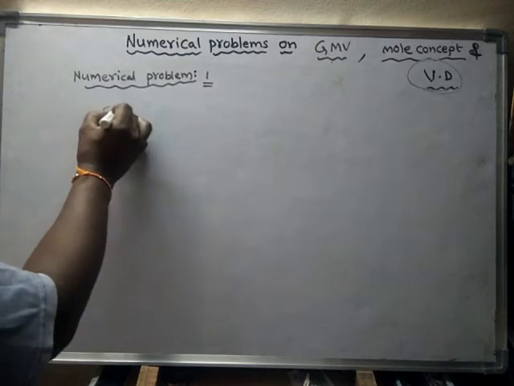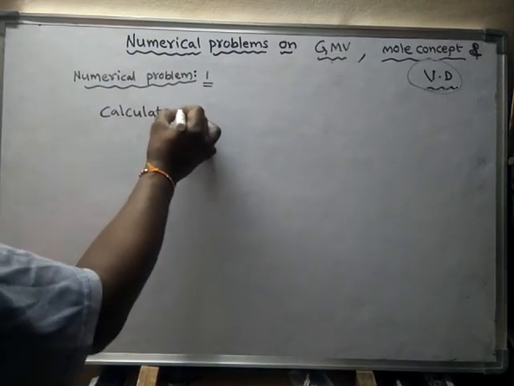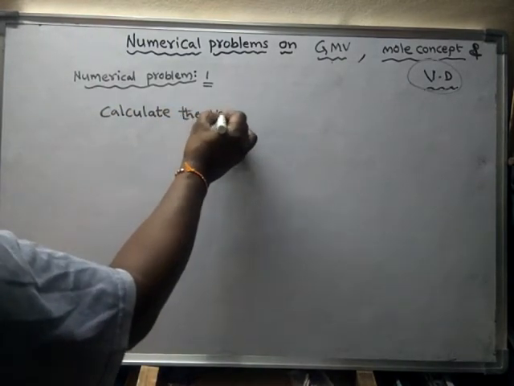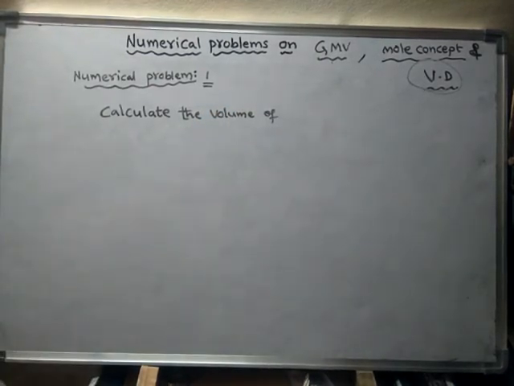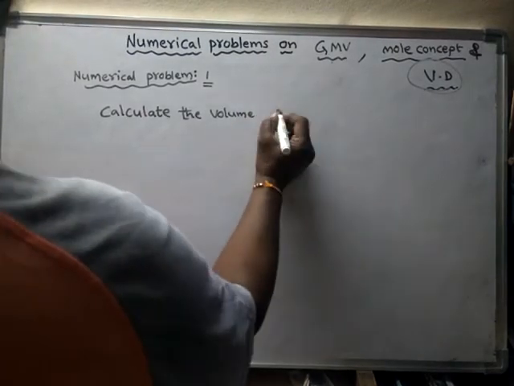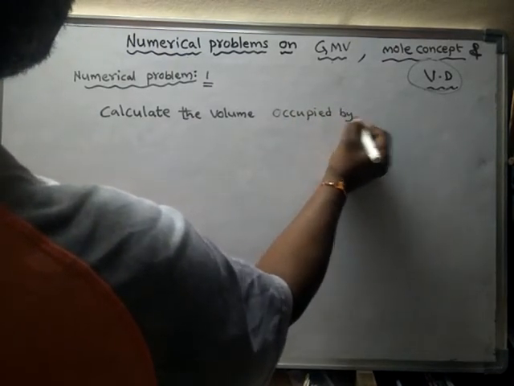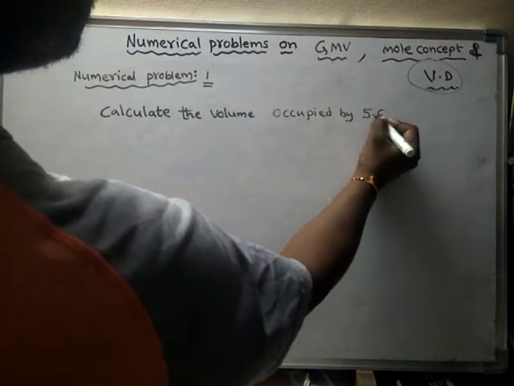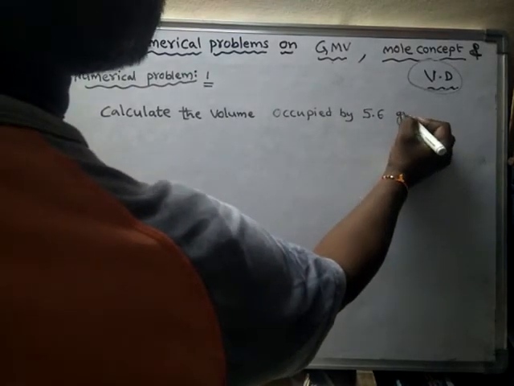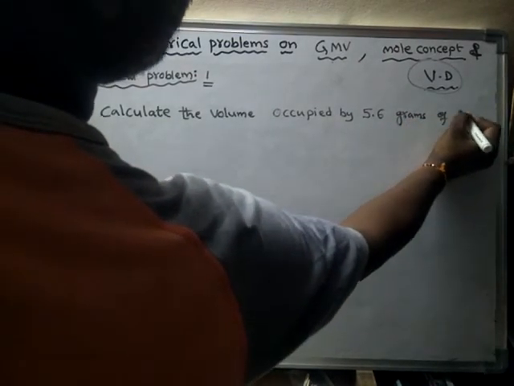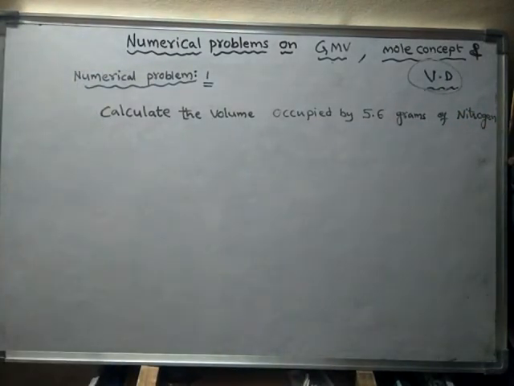Calculate the volume occupied by 5.6 grams of nitrogen at STP.